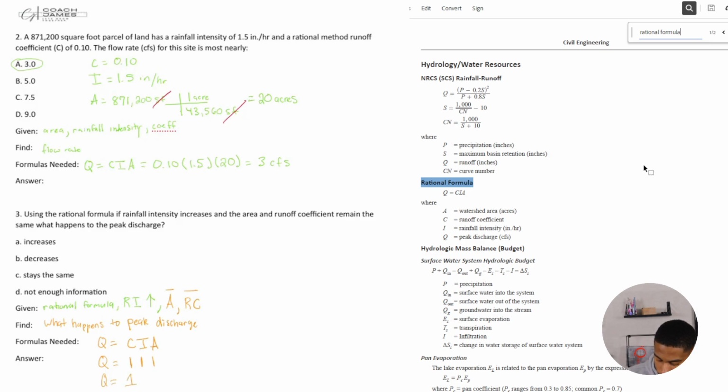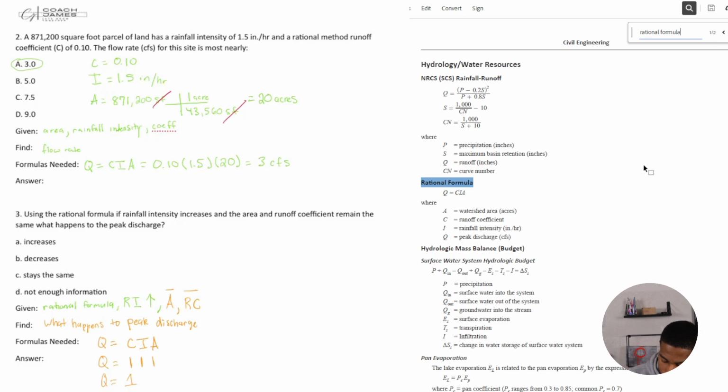Right? So what happens if we do what this question says, and we increase the rainfall intensity, or we increase I, and we keep everything else the same? So our runoff coefficient is still 1.